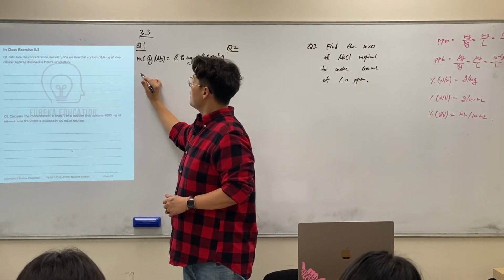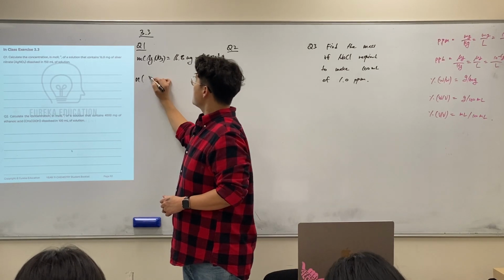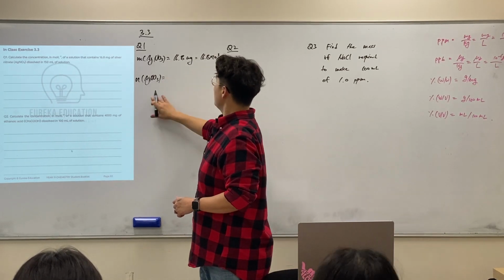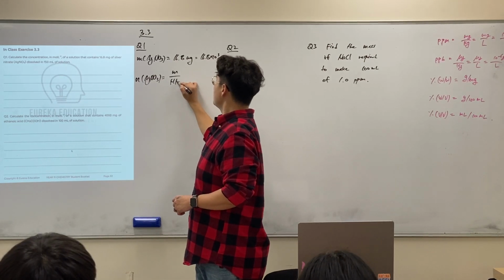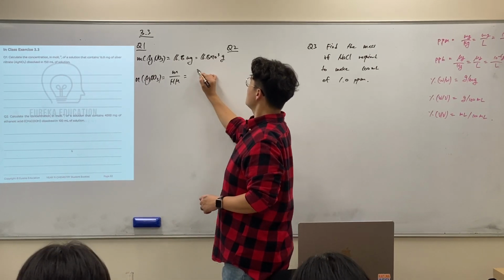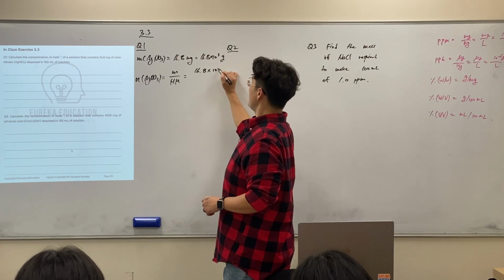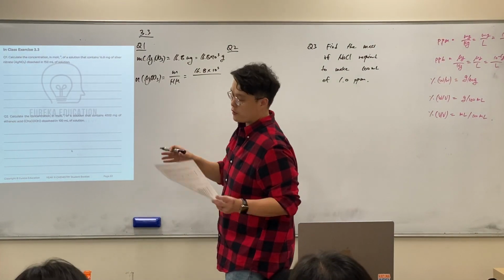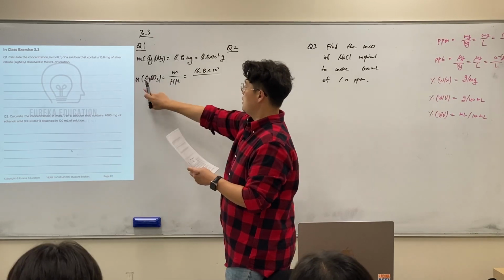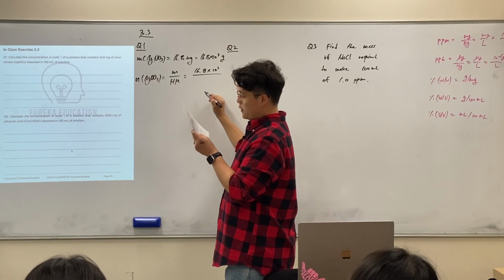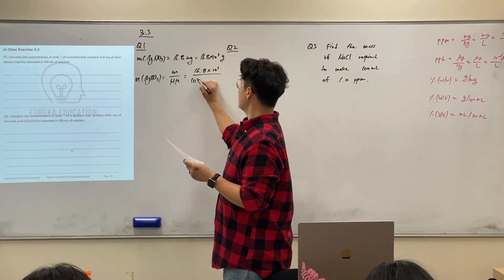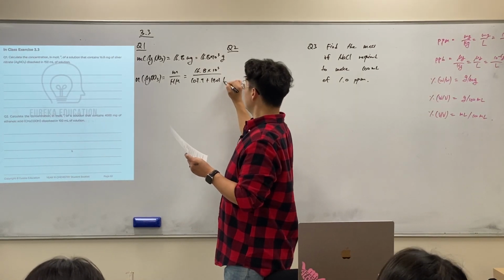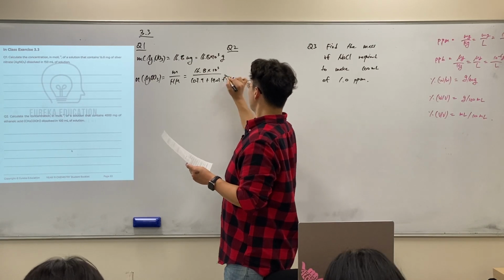All right, then we need to find n of silver nitrate. This is how we avoid making a mistake. Again, n equals to m over molar mass, which will be 16.8 times 10 to the power minus 3 divided by the molar mass of silver nitrate. So counting all the components we have, starting from silver, which is 107.9, plus nitrogen, 14.01, plus 16 times 3.